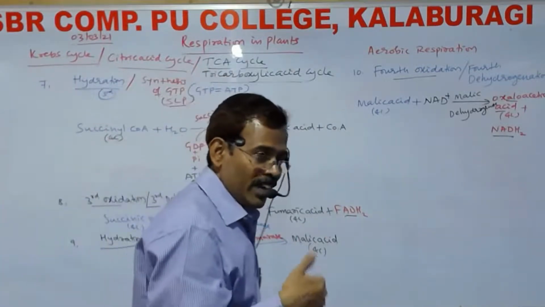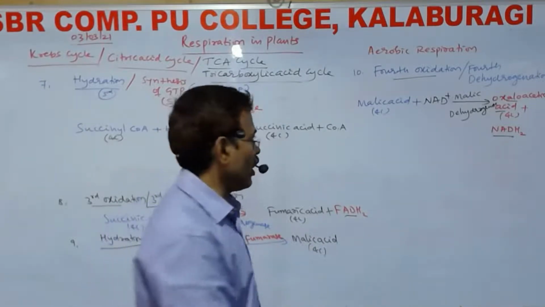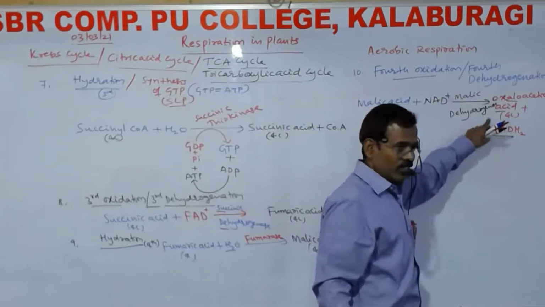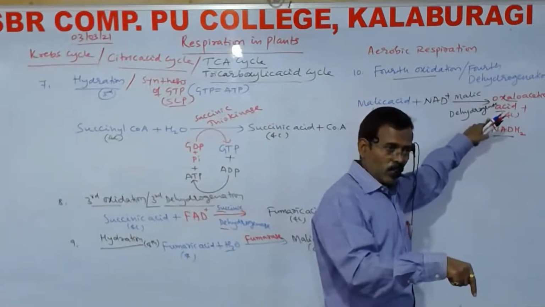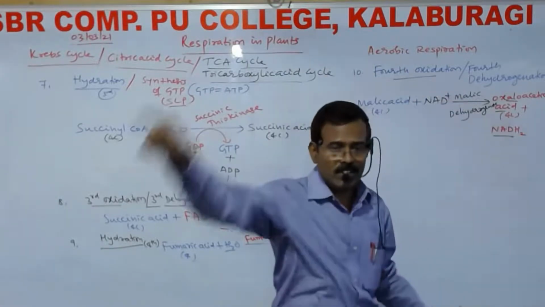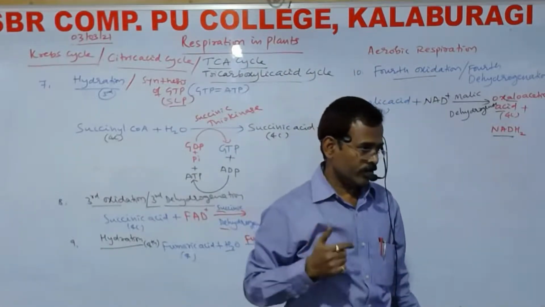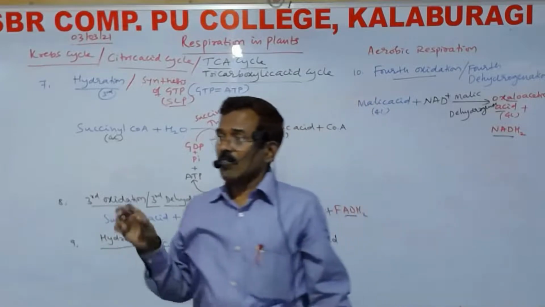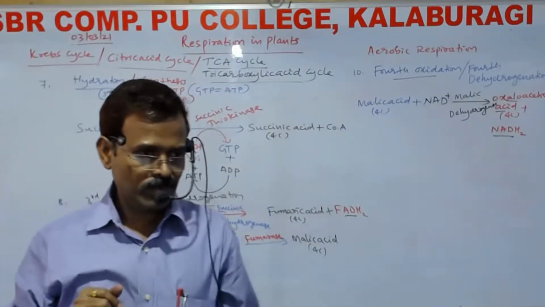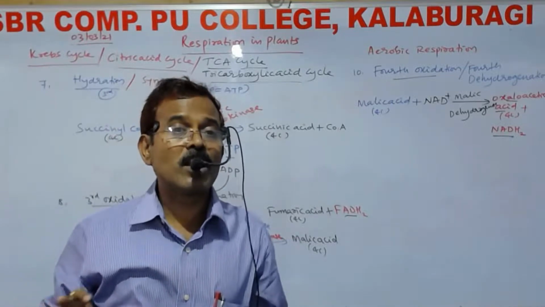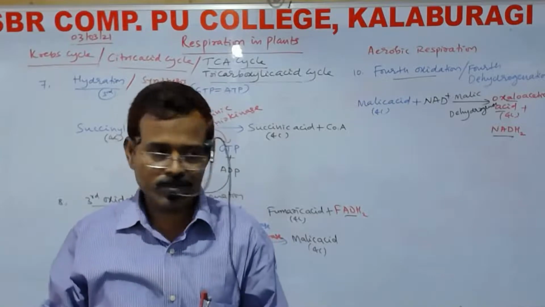As we got back the initial compound, this oxaloacetic acid once again condenses with acetyl coenzyme and the turn is repeated. After the completion of 2 turns, acetyl coenzyme is completely oxidized into carbon dioxide.